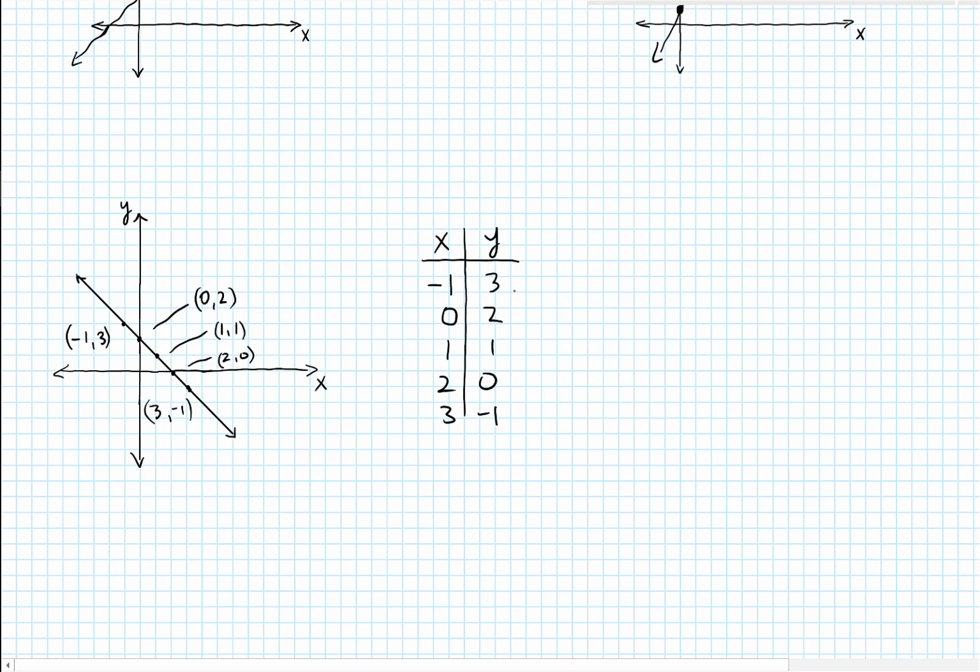We'll see those later. But for now, all we have to do is take a look at what's going on with the y values. And so you can see you're going down by 1 each time. So that's consistent, which we would expect because it is a linear relation. And we can write the equation of this by paying attention to the fact that it's going down by 1. So that becomes the coefficient on x. So we can say it's minus 1x. And then where's the y-intercept in this case? Well, the y-intercept is right there, and that corresponds to this row of the t-table.